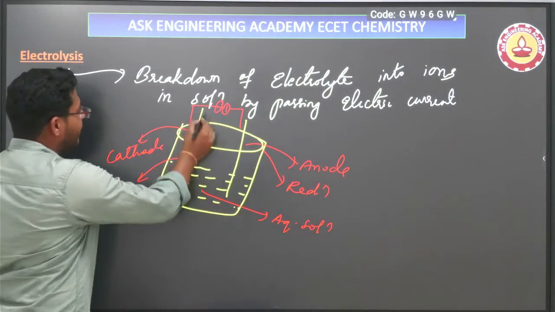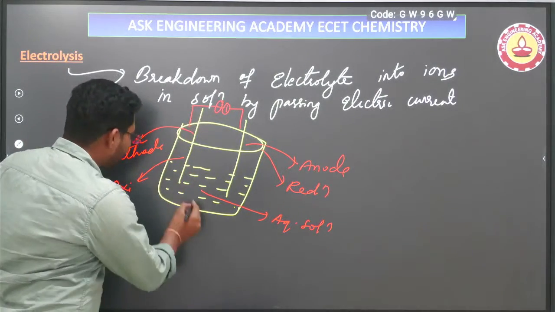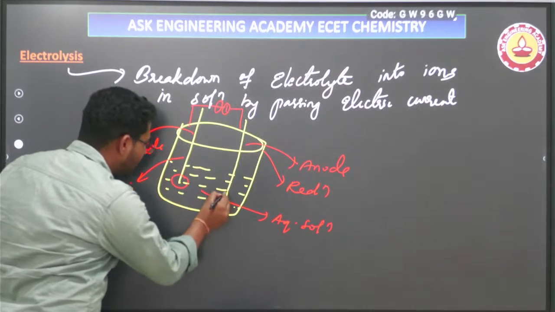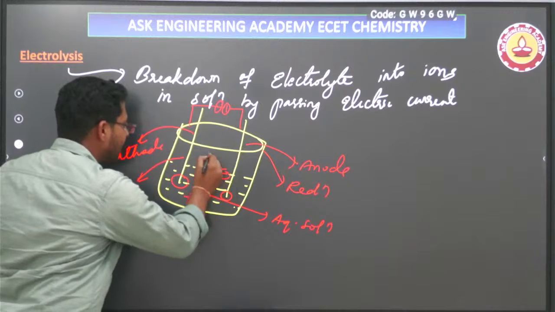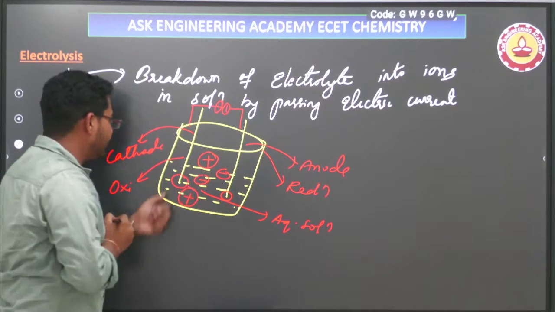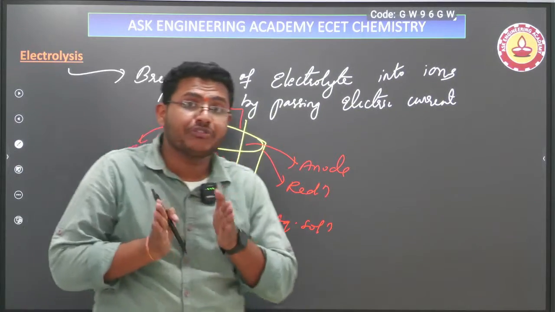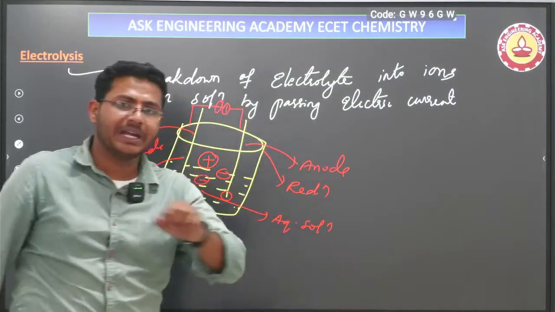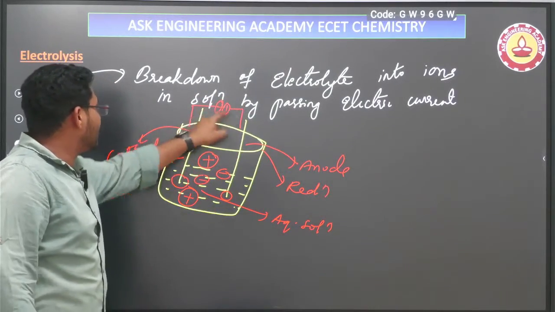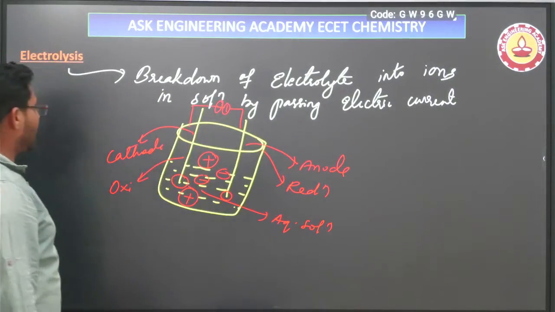When the current is passing through these electrodes, ions will be generated because of decomposition. This process of breakdown into ions in the presence of an electrolytic solution upon applying a certain amount of electric current is called electrolysis.